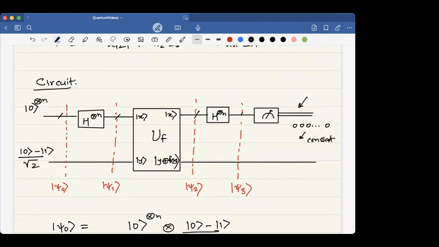If I get any other value, the function is balanced. Right? So this is the Deutsch-Jozsa algorithm. And note that we have just made one query to the oracle as opposed to 2 to the n minus 1 plus 1 queries for a deterministic classical algorithm. So that's the Deutsch-Jozsa algorithm.